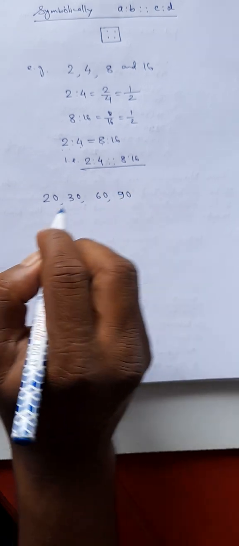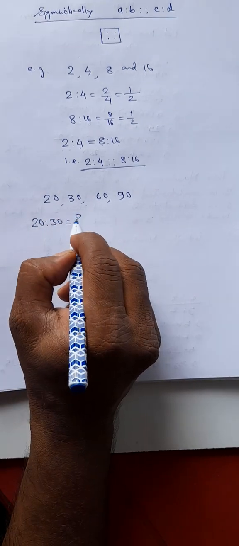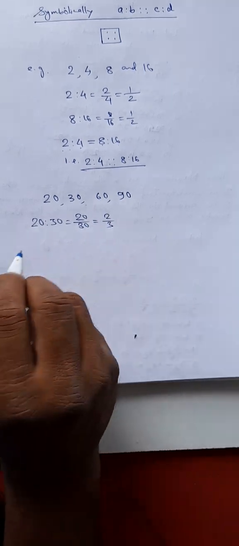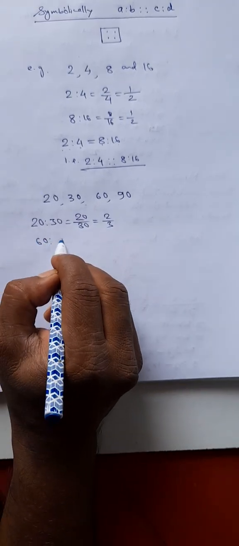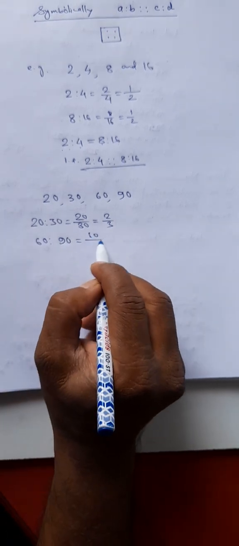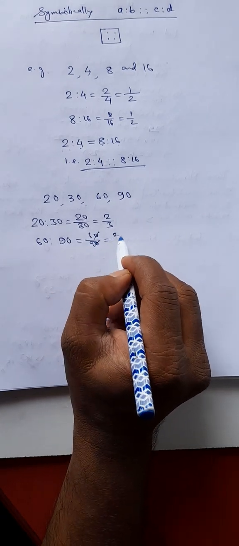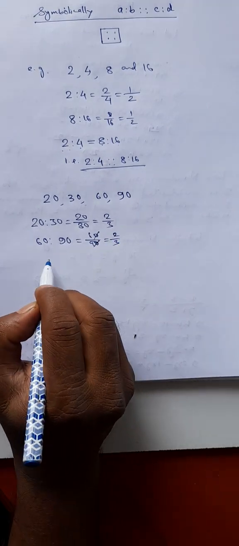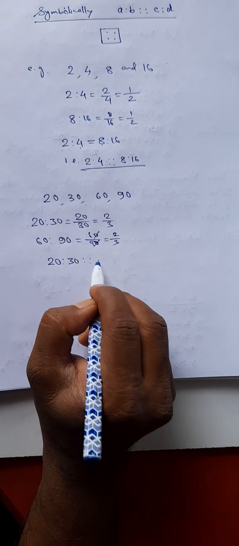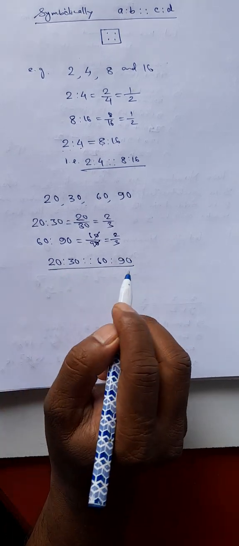Now 20 is to 30: 20 divided by 30 equals 2 divided by 3. 60 is to 90 means 60 divided by 90, which is also 2 by 3. That means 20 is to 30 :: 60 is to 90, right?